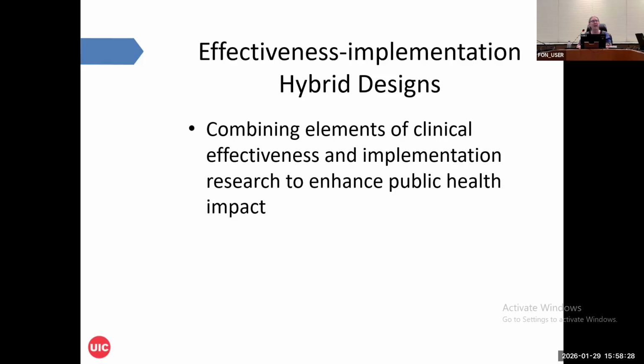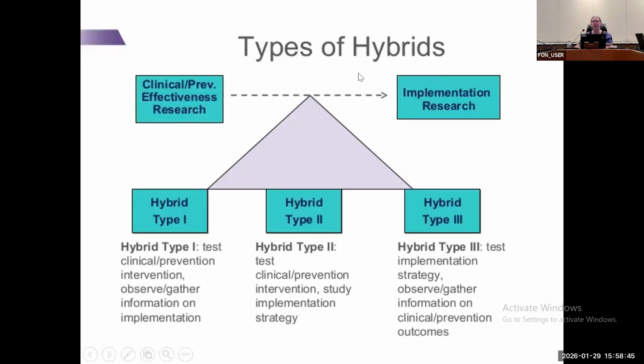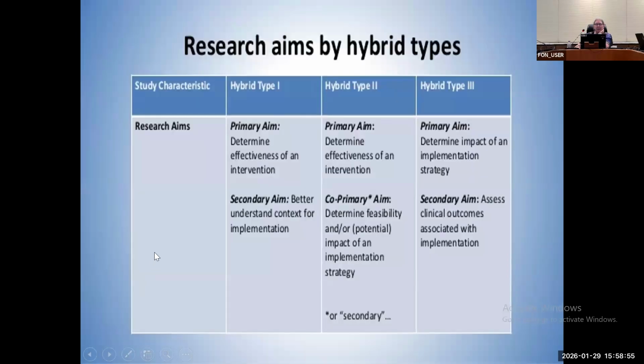So I don't have any right now funded research that is a regular randomized clinical trial. So I'm going to close by talking about the types of hybrids. There's hybrid 1, hybrid 2, and hybrid 3.